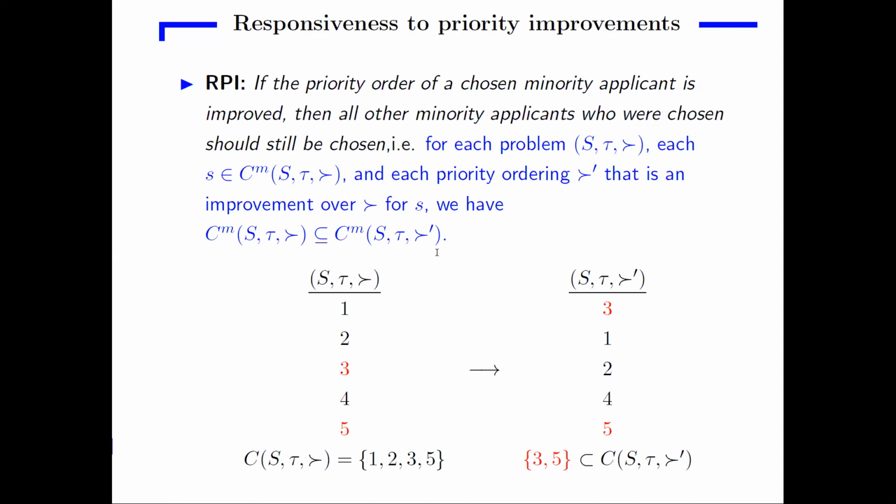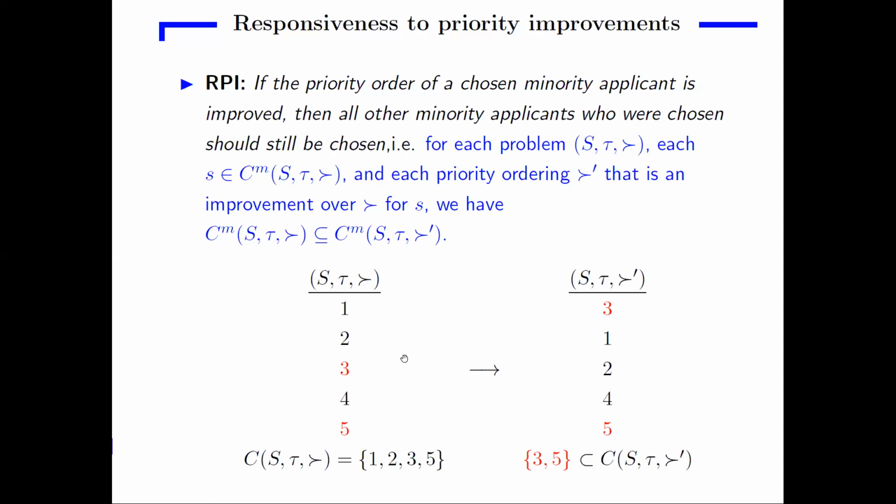the new problem. For a simple example, think of this choice problem in which we have 5 students, 3 and 5 are minority students and the rest are majority students. Say that initially we choose everybody but student 4.